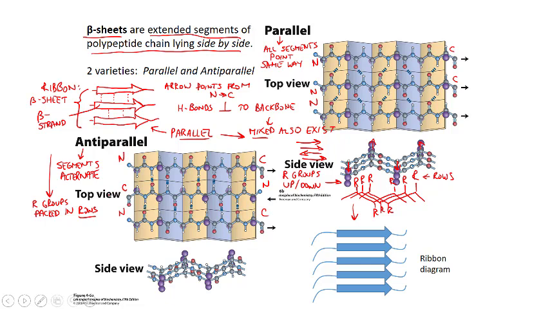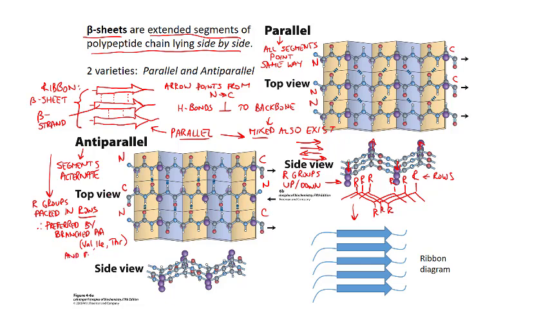And that should give you a clue as to the types of amino acids that tend to prefer beta sheets. So just like with alpha helices, we can come up with rules of thumb, but there are no hard and fast rules. You will find almost any amino acid in a beta sheet if you look at enough protein structures. However, there are some amino acids that prefer beta sheets. So beta sheets tend to be preferred by so-called branched chain amino acids. That would be valine, isoleucine, and threonine.